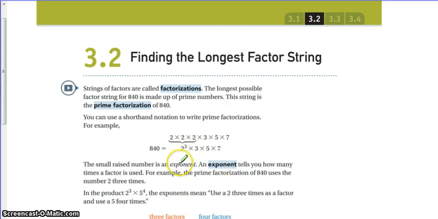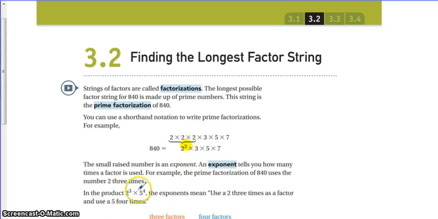using exponents. Okay, and so for example, there are 3 2's in the prime factorization for 840. So we put a small raised 3 as an exponent behind the 2, and we only have to write the 2 once. But what that 3 does is it tells us that there are 3 2's. So that little 3 takes care of all 3 of these, and we only have to write it once.